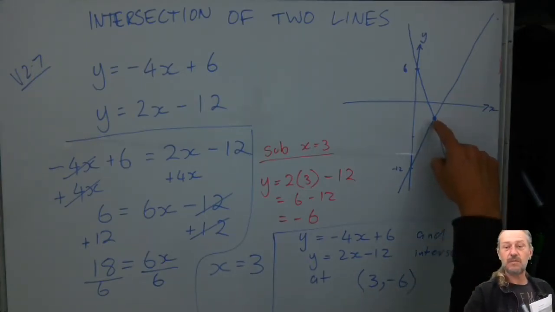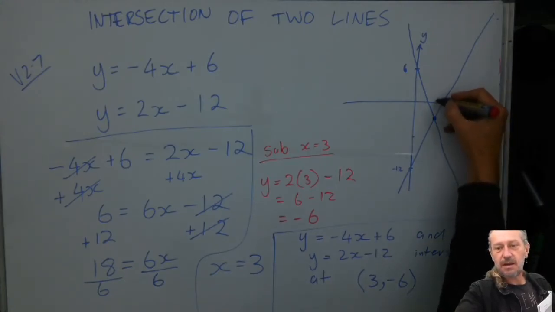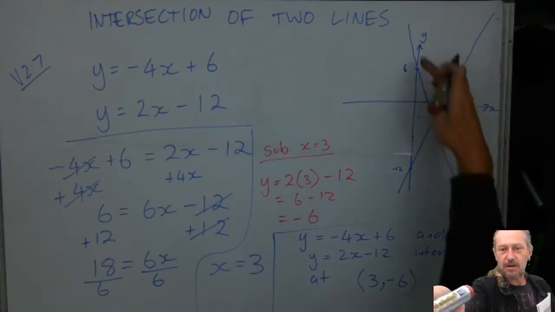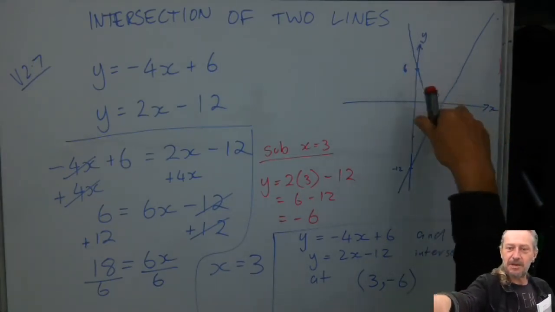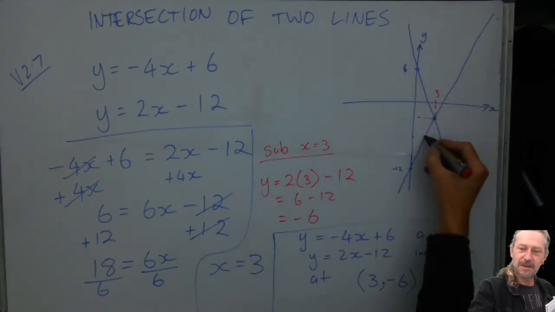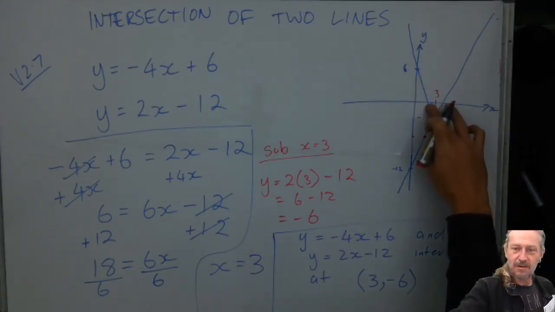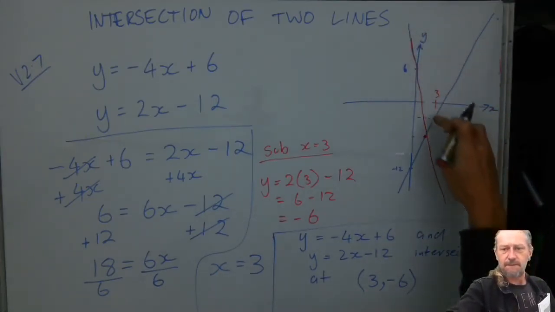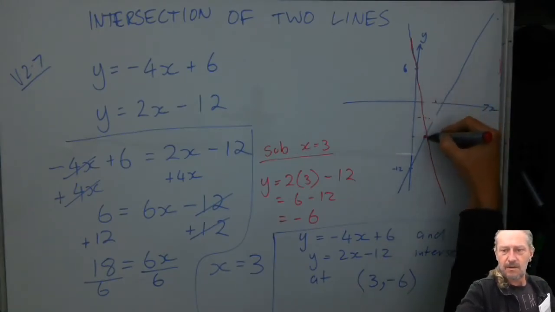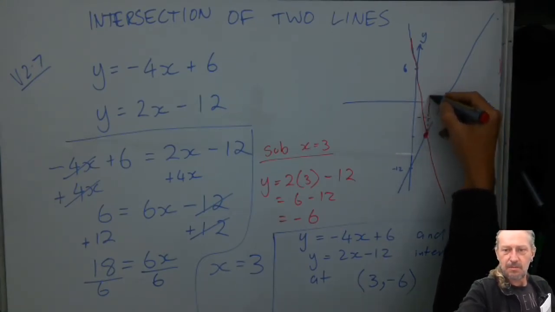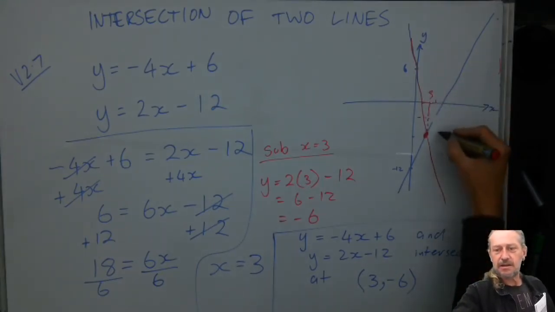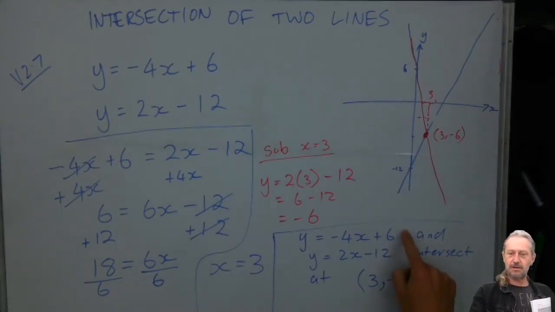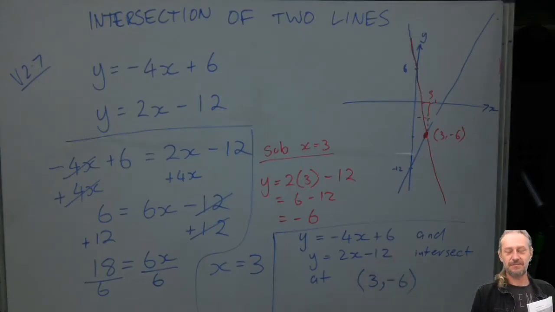So that, it's not exactly accurate, but that would be 3. So yeah, so that line should be a bit slopier this way, so that it crosses there. Let's just redraw that. So that would be 3. So that is 3, negative 6, where these two lines intersect.